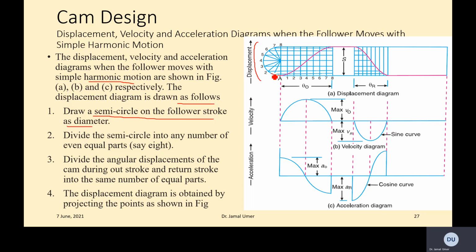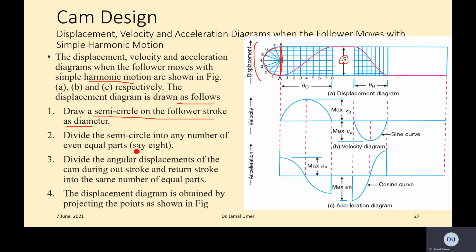So you draw this semicircle, and this length is the stroke length from A to 8. The diameter of this semicircle, this line, is the stroke.